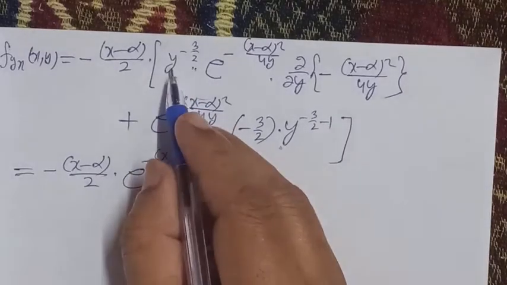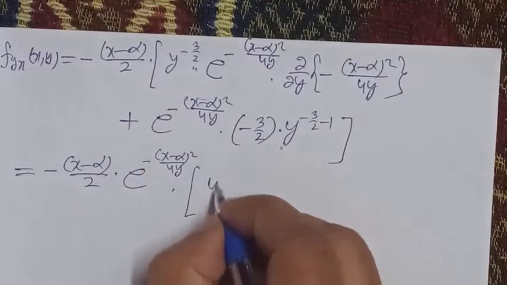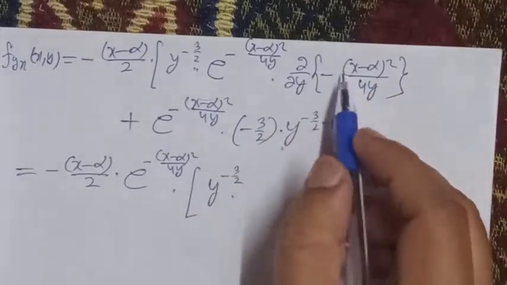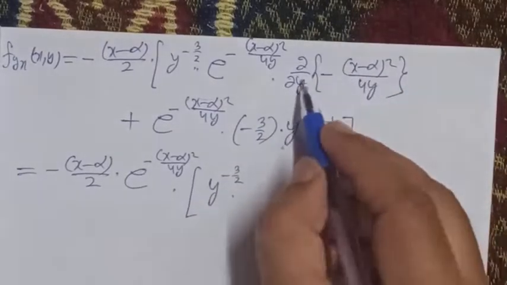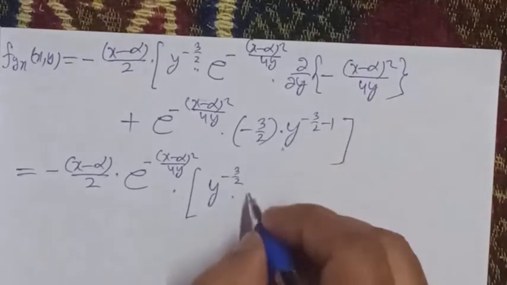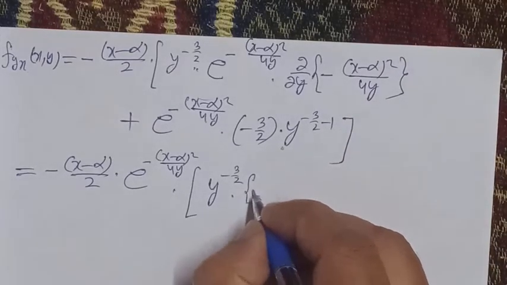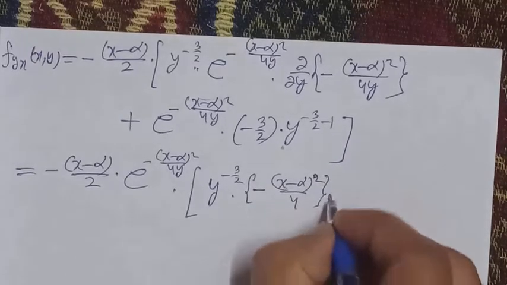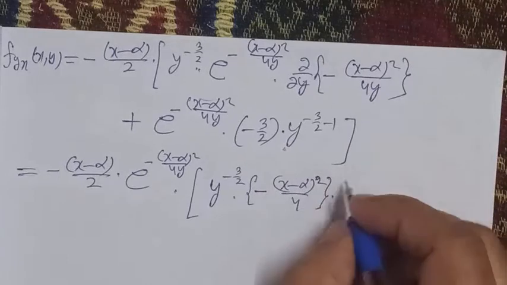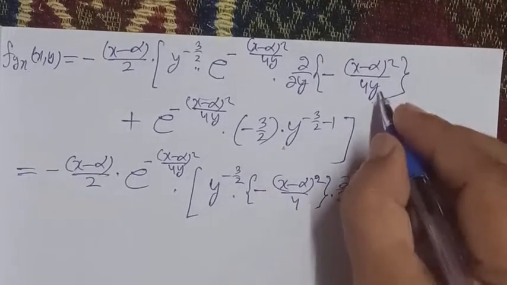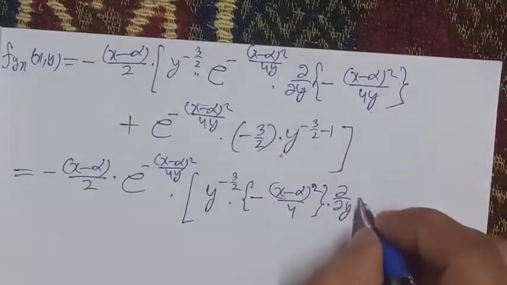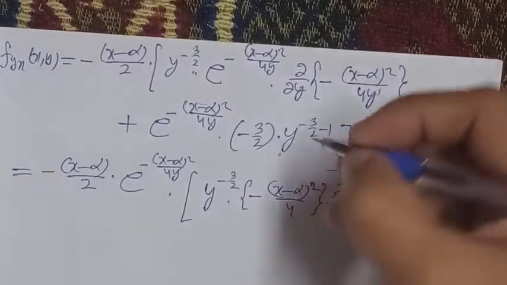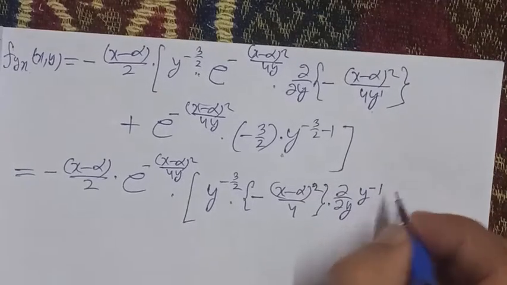Then we get y to the power minus 3 by 2, and because for y, x is constant, I take out minus x minus alpha whole square upon 4 as common, and only differentiate 1 upon y. We can take it to the numerator, so y to the power 1, and on taking it to the numerator it becomes minus 1.